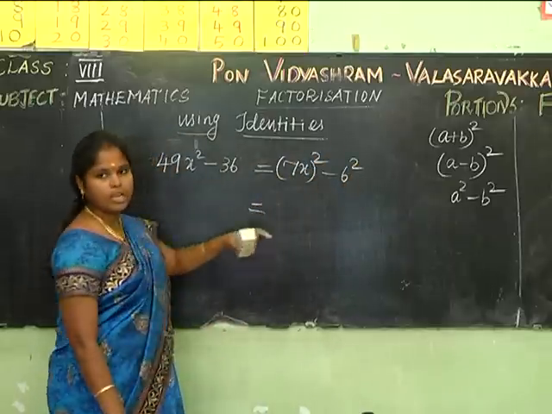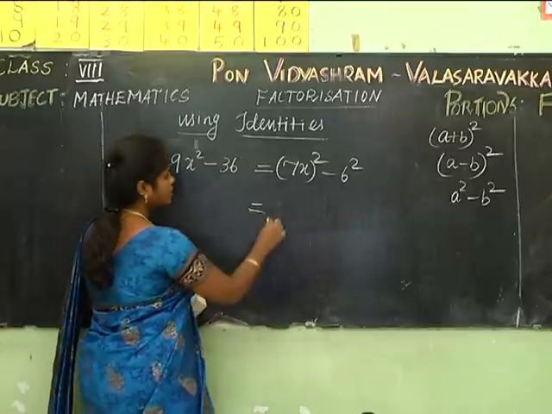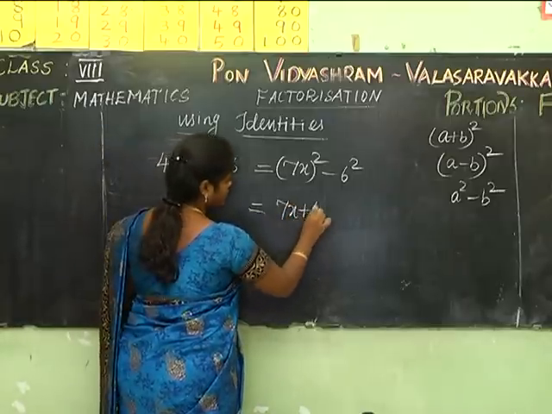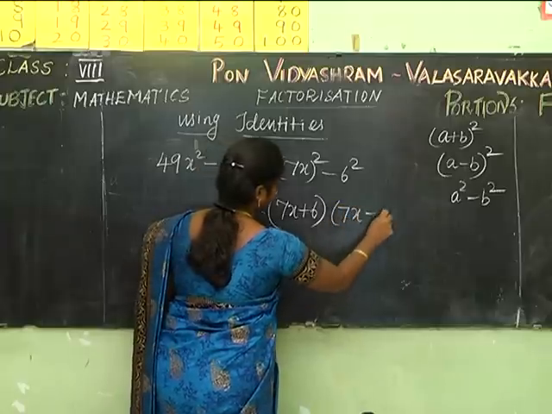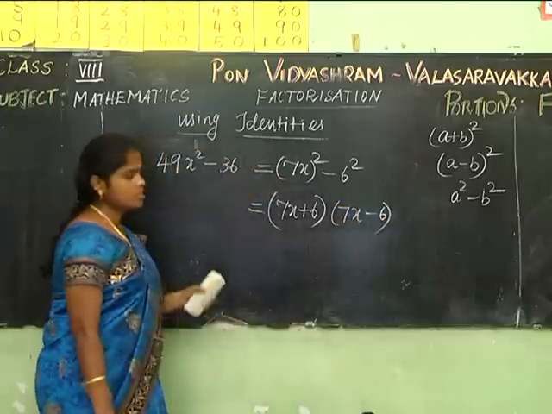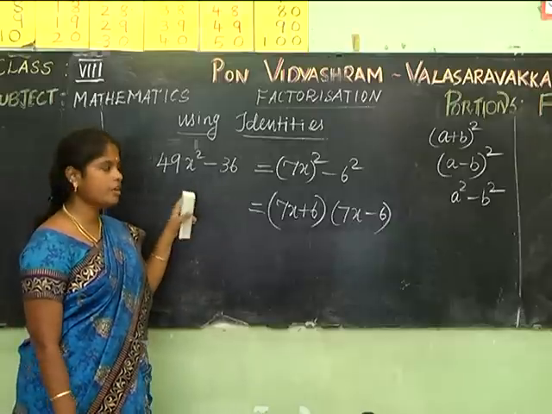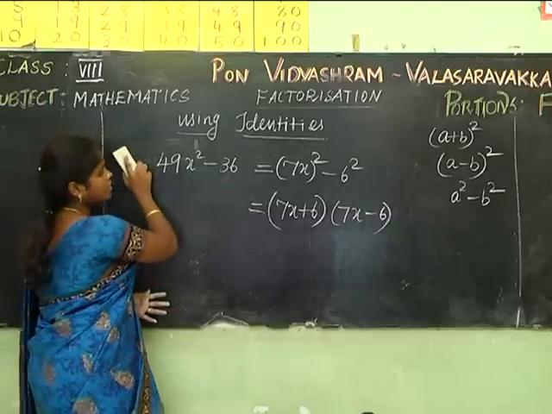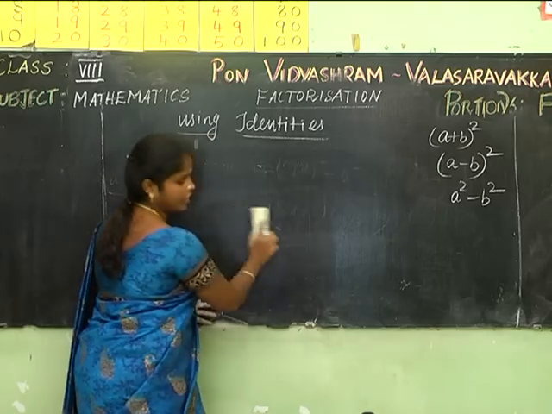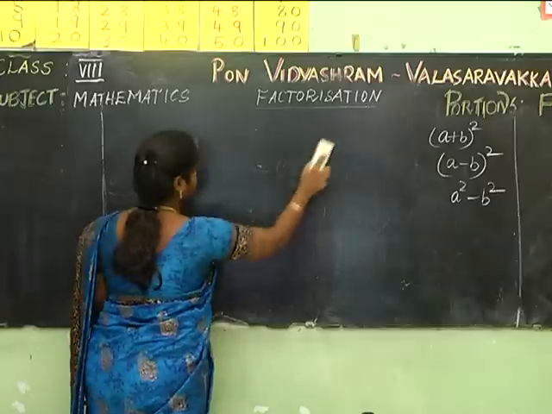This is of the form a square minus b square. So a plus b into a minus b, as you already know the identity. This is the way you have to factorize the given polynomial by using identities. The last method is factors in the form of x plus a into x plus b.